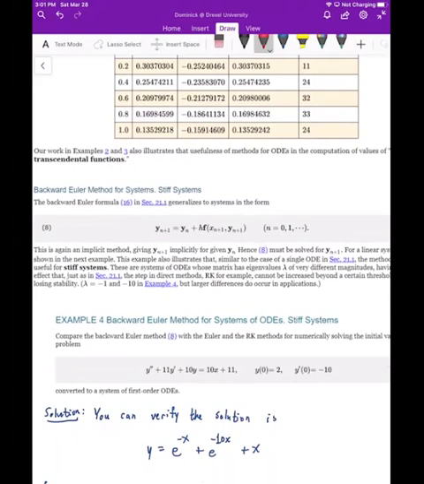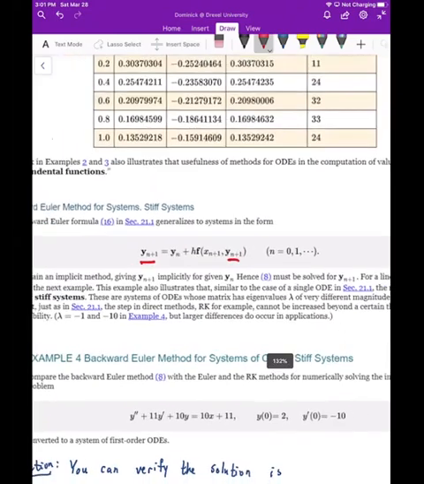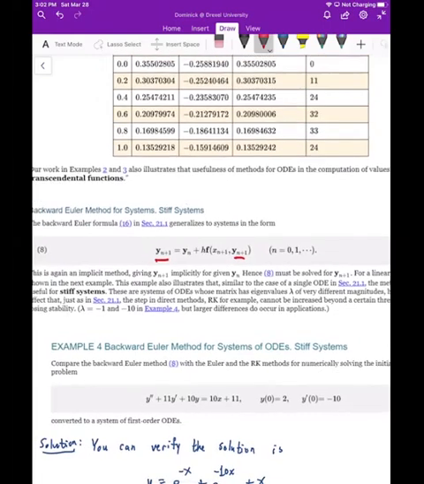Because we're basically finding y sub n plus 1 implicitly here, depending on this equation, right? So you see that y sub n plus 1 appears on both the right and left-hand side, right? So this is an example of an implicitly found value, right? And of course, it's very similar to when we did this for a single ODE.